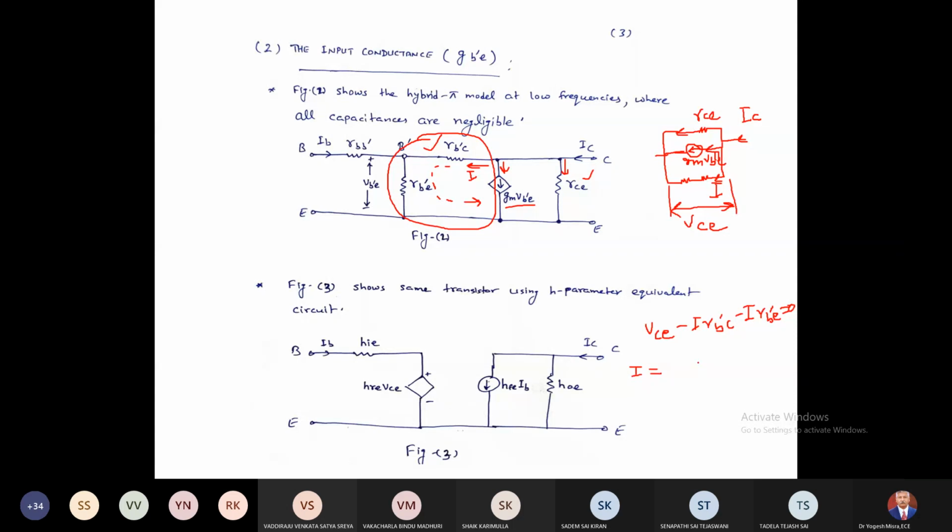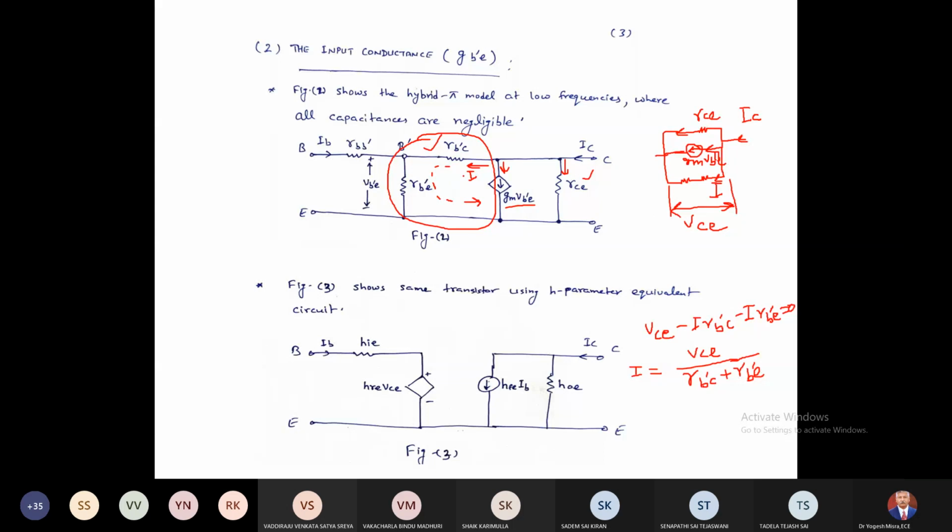So I will be VC divided by RB'. This is IC. This is I, right?